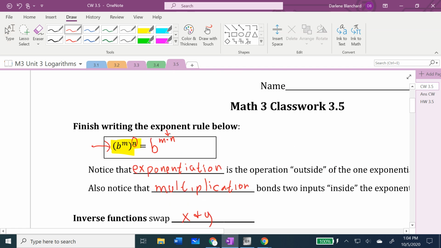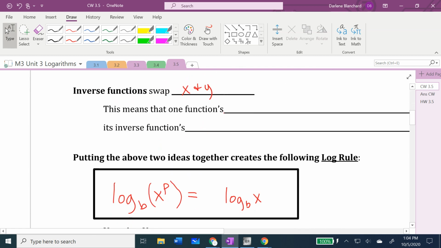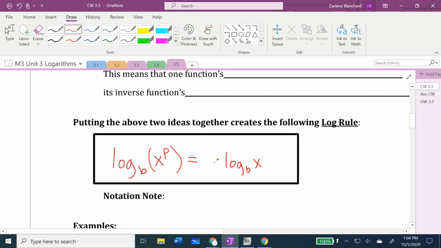Now, multiplication was the operation that was inside the exponentials. So now I'm going to have outside multiplication by that power. This is the third of the big three log rules that you will be using. And actually, you have all the log rules you need to know at this point, because we have looked at the inverse properties, and I will be mentioning these again, but together with those inverse properties, you only need these big three rules.